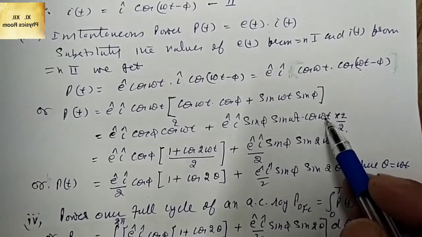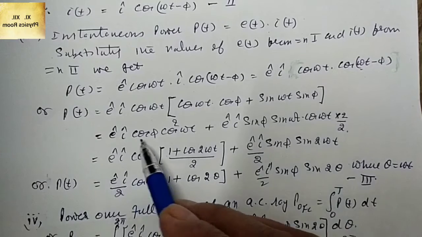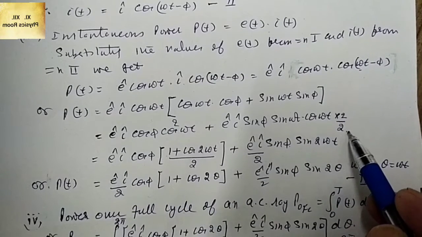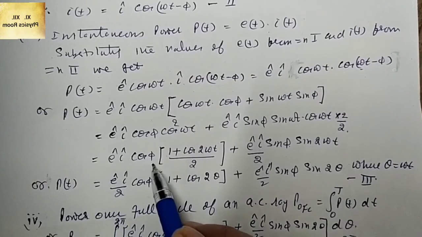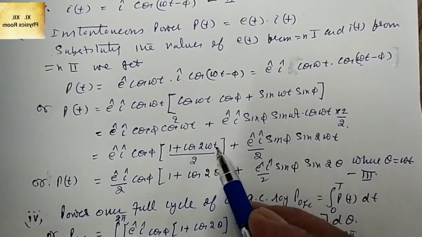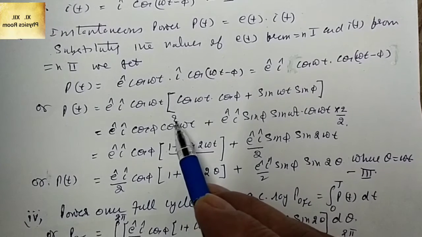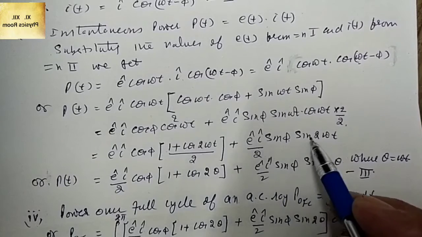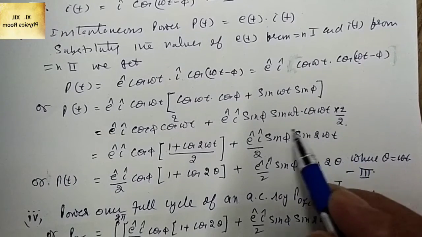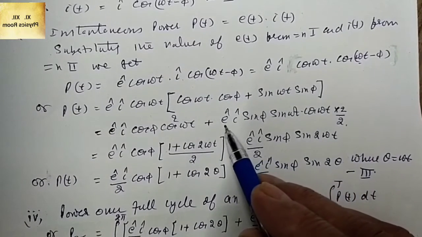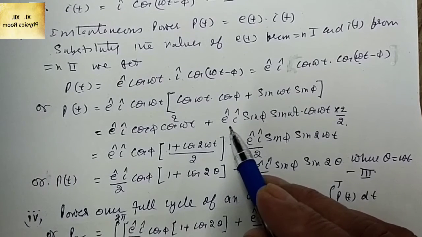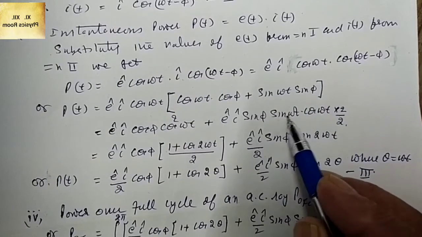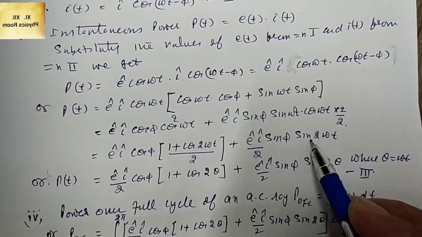Now here we have opened the bracket and we got this. Now here we multiply by 2, we divide by 2. And it is equal to E max I max cos phi into (1 plus cos 2 omega t) by 2. We replace cos square omega t by (1 plus cos 2 omega t) by 2, and we take out the factor and place it with E max I max by 2, and 2 sin omega t cos omega t is sin 2 omega t.